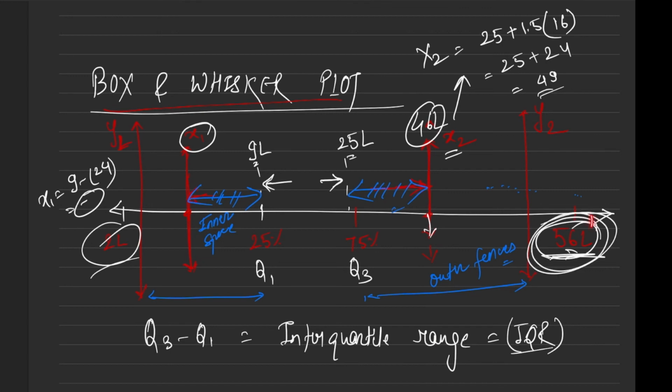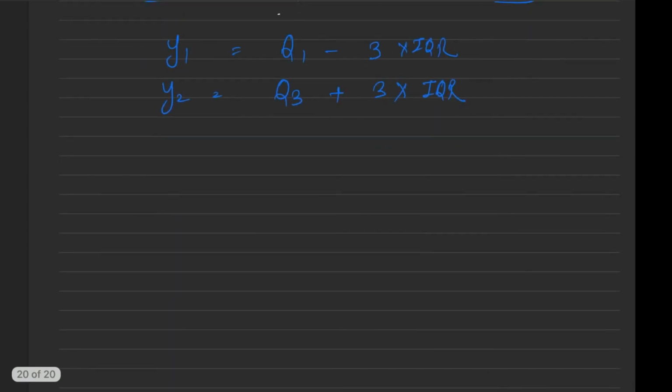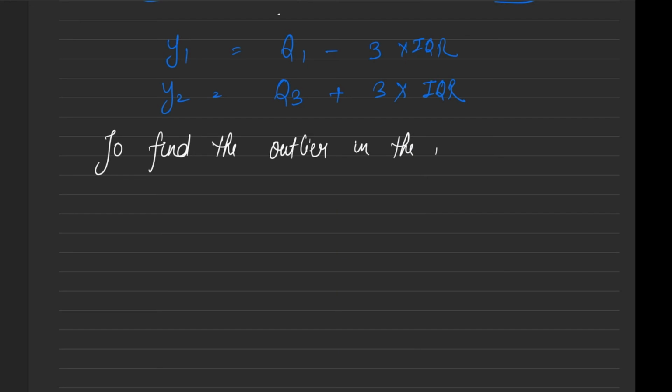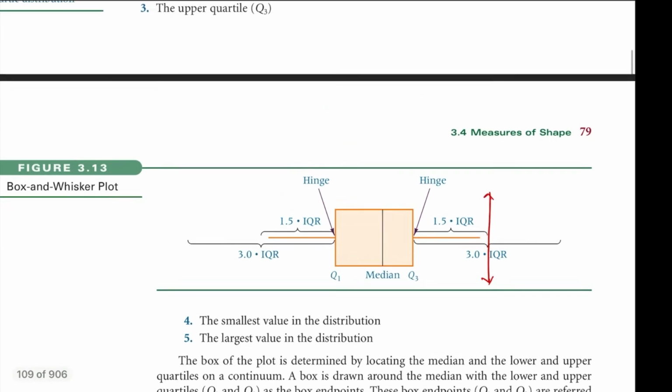So this 56 lakhs is your outlier. That's the purpose of your box and whisker plot, to find the outliers in the data.